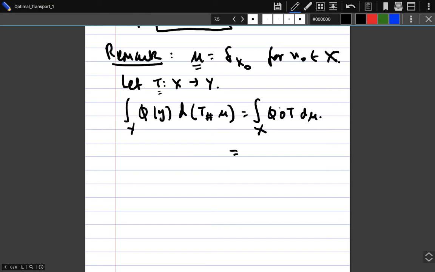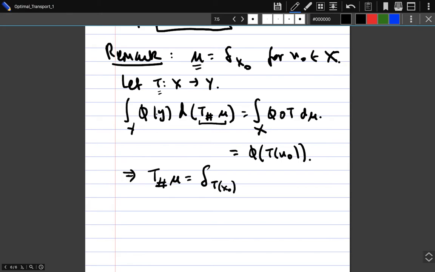And so in particular, this just evaluates the function at the point x0. And so what you can notice immediately is that the push forward measure here is nothing but a Dirac mass itself. So this implies that the push forward measure of mu is the Dirac mass at T of x0.